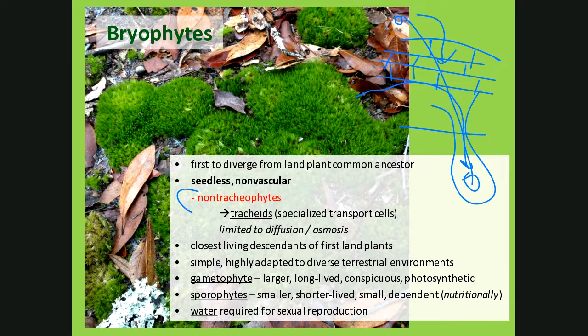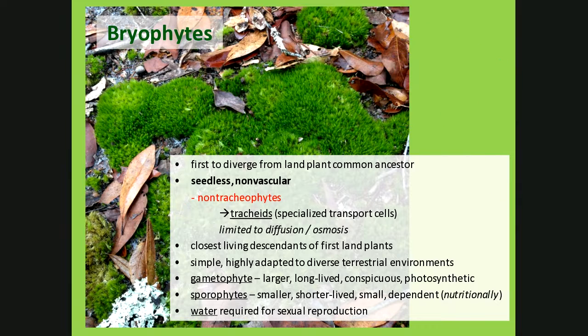So basically what they do, I showed you guys in lab the other day, is the sperm swims from the antheridia, the male sperm-producing part, to the archegonia through a series of droplets of water. So a bunch of little droplets of water, these little sperm kind of make their way through those droplets until they finally connect up with an archegonia. That's why mosses are going to need that kind of liquid to survive, right? Very interesting how that works together, how all these organisms always seem to fit into their environment and adapt to it.